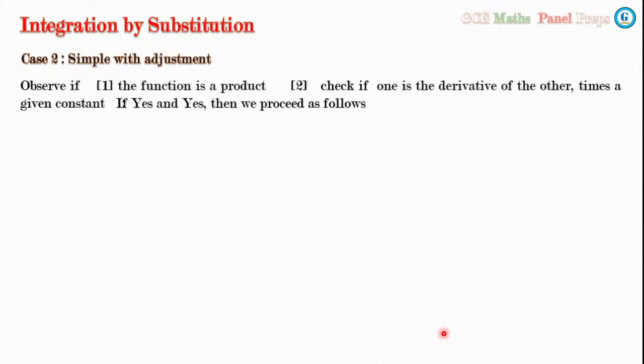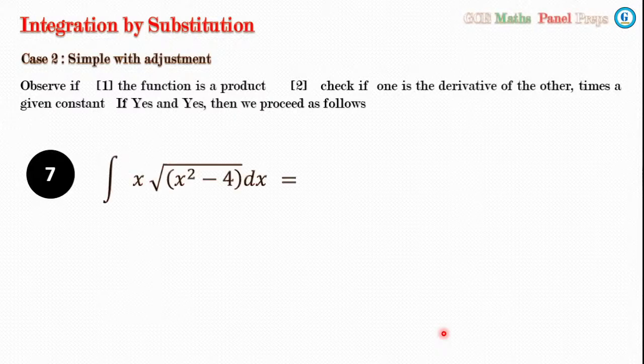Equally, we can observe from example 7 that for this particular integral, here we have x squared minus 4, all this raised to the power a half. So we can let u be equal to x squared minus 4, because if you differentiate x squared minus 4, you're going to have 2x. So we can do some balancing here, multiplying by a half outside.